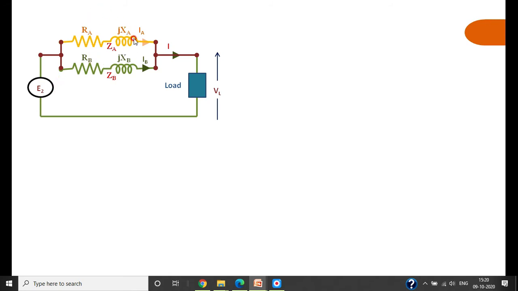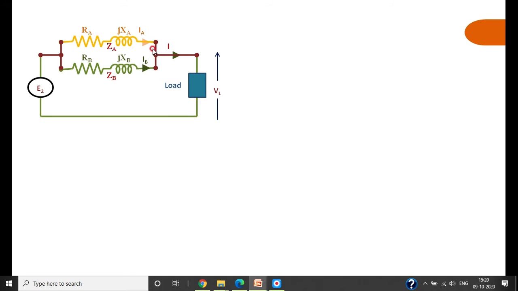because I am referring this transformer drawn to the secondary, therefore the source available across the secondary is E2. Then the voltage available across the load is Vn, the current delivered is IL. Therefore the total current is the current delivered by A, which is IA, and from transformer B it is IB.